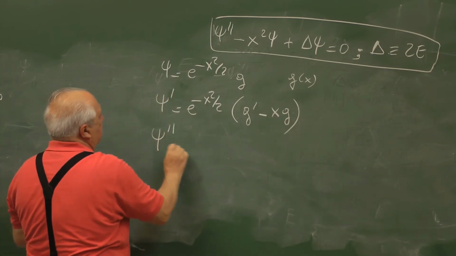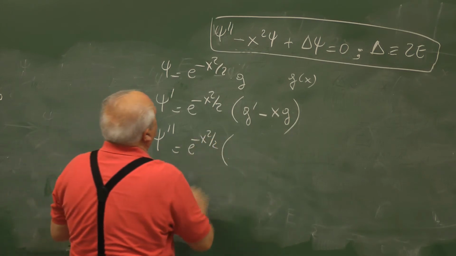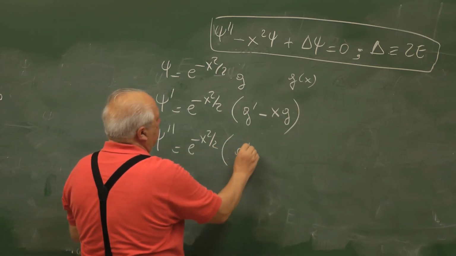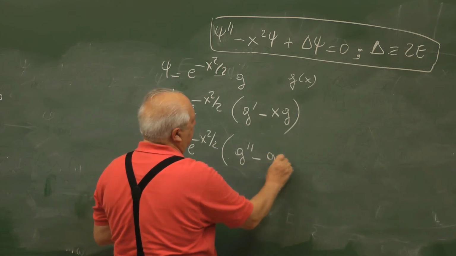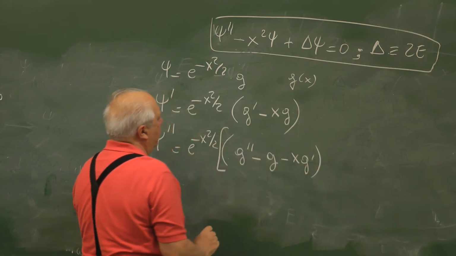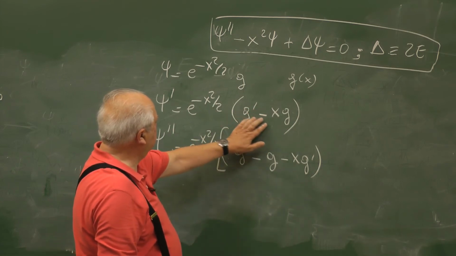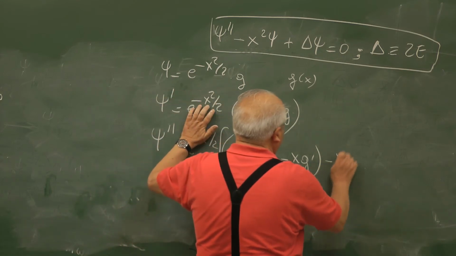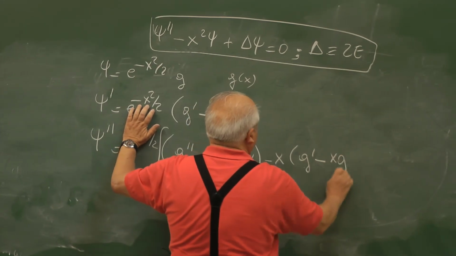Psi double prime equals e to the minus x squared over 2 times the derivative of inside, g double prime minus g minus xg prime. This was the derivative of that, plus this times the derivative of this. The derivative of this is minus x. So it is minus x times g prime minus xg.